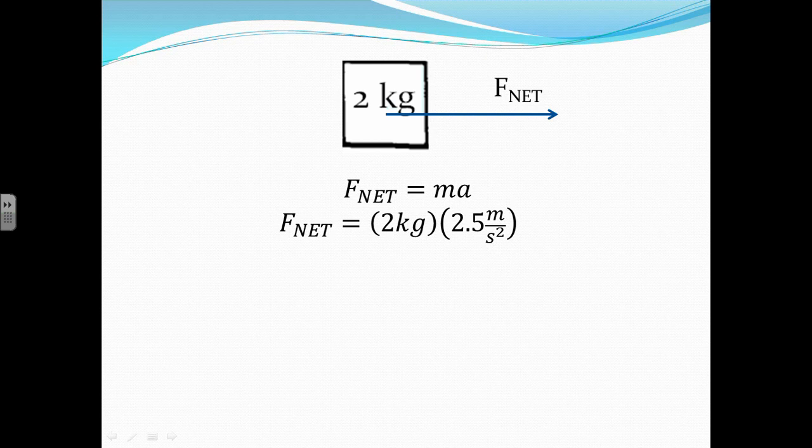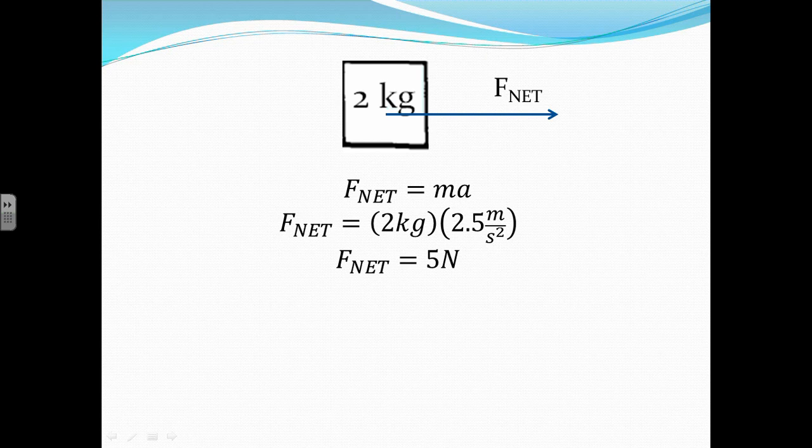Just multiply the mass of the box by the acceleration it's undergoing to find the net force acting on the box: 5 newtons. So that means there's 5 newtons acting on the box. It must be applied by the 4 kilogram box in order to accelerate this 2 kilogram box. So this shows that the 4 kilogram box is accelerating the 2 kilogram box by pushing on it with 5 newtons.